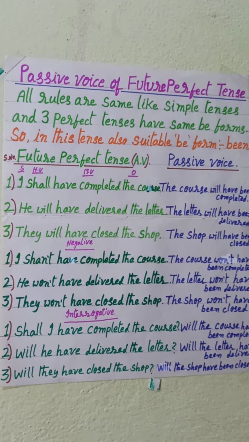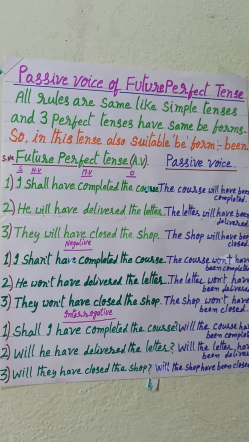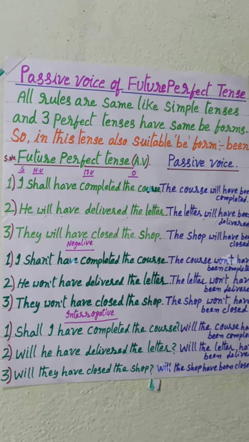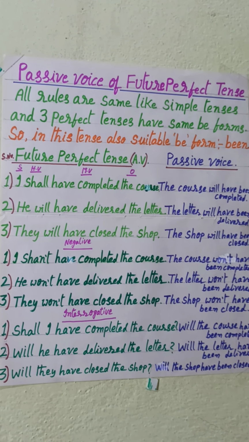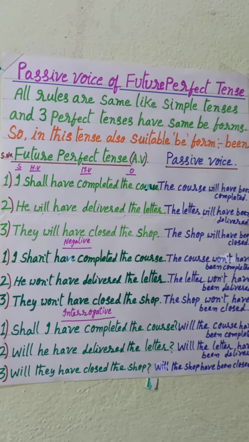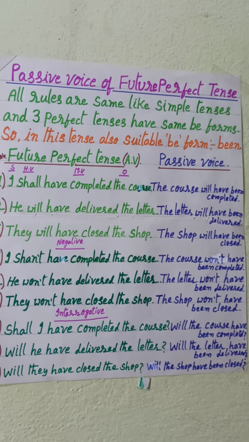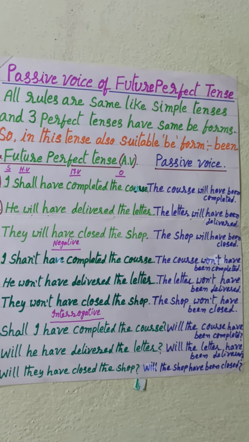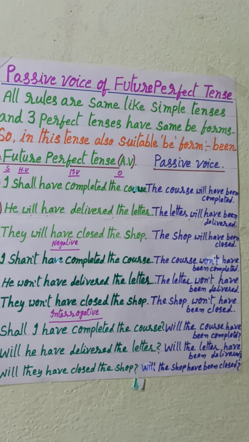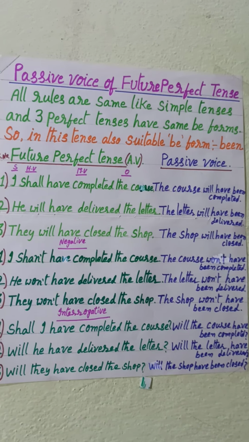The second sentence: will he have delivered the letter? Add question mark. In the passive voice, will the letter have been delivered? Add question mark.